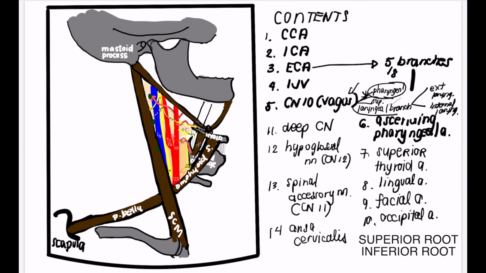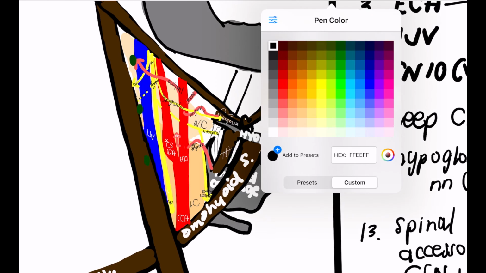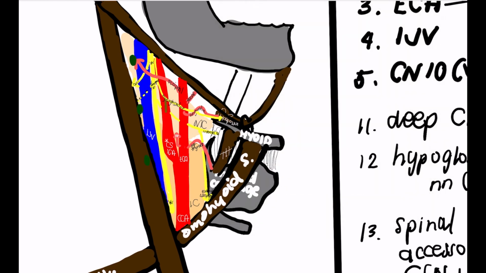It has two roots, the superior and the inferior root. The superior root is formed by the descending branch of the hypoglossal nerve carrying C1 fibers, and it descends downwards lateral to the internal carotid artery and common carotid artery.